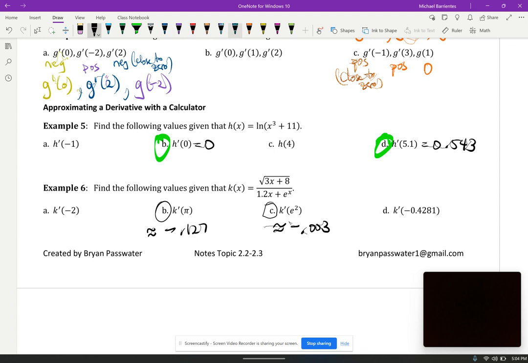Versus this one, this function at x equals pi, at that moment, it's decreasing because the slope is negative. So by knowing the positive, negative, or maybe even zero slope of the derivative, the slope of the tangent line, we can figure out what the function is doing. And that's going to come up in a later unit, probably unit number 5.